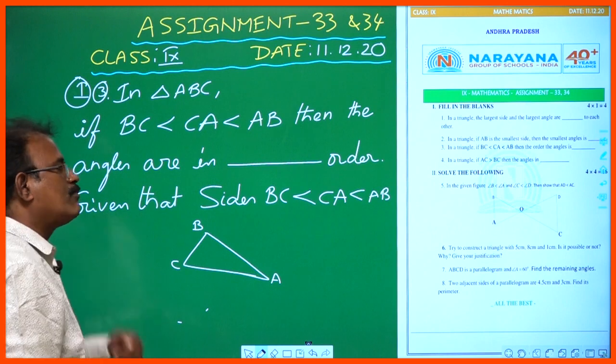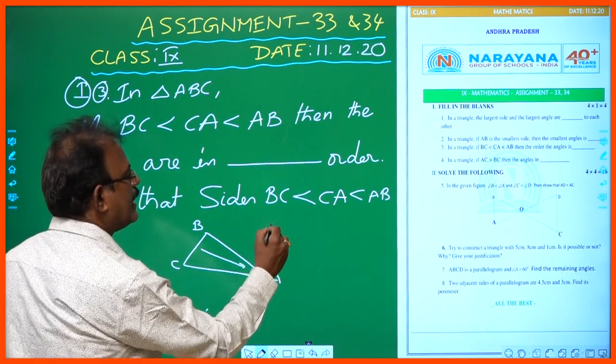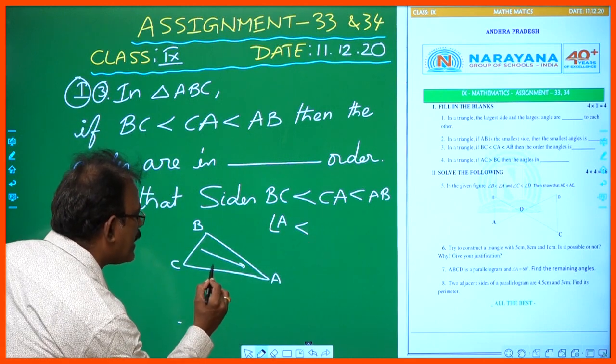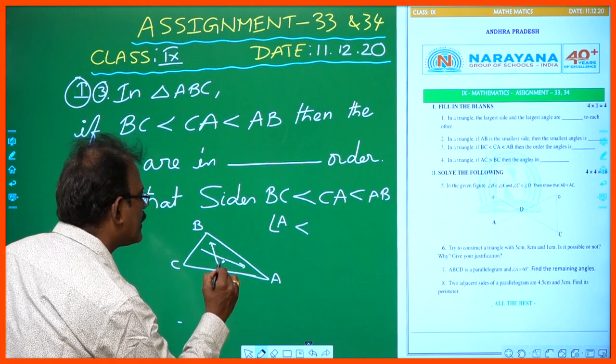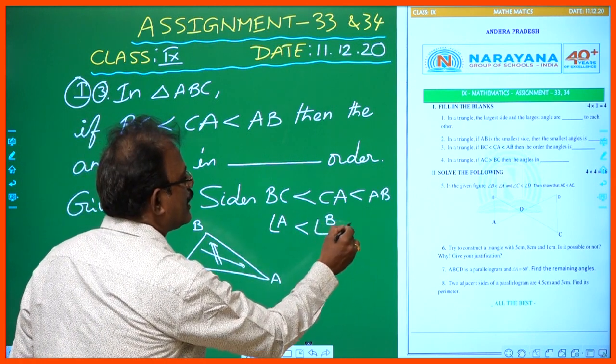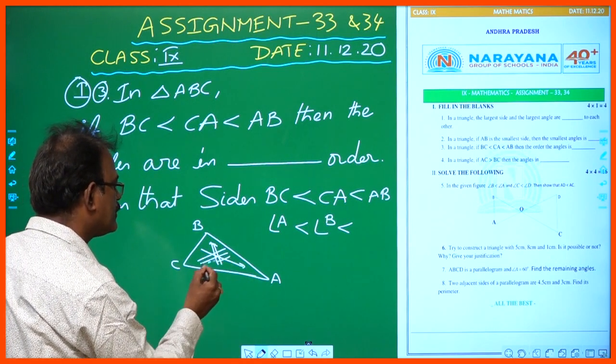So automatically the angles opposite to BC, angle A, in the same order, opposite to CA, angle B, and opposite to AB, what?